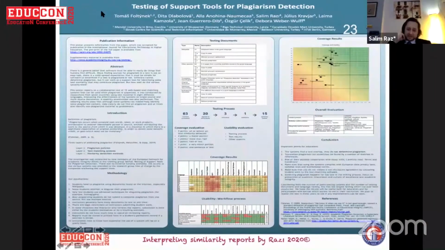What do you see here? We actually tested the effectiveness and applicability of text matching software, 15 different text matching software on 8 different languages, including English and Turkish. And you see their coverage results.